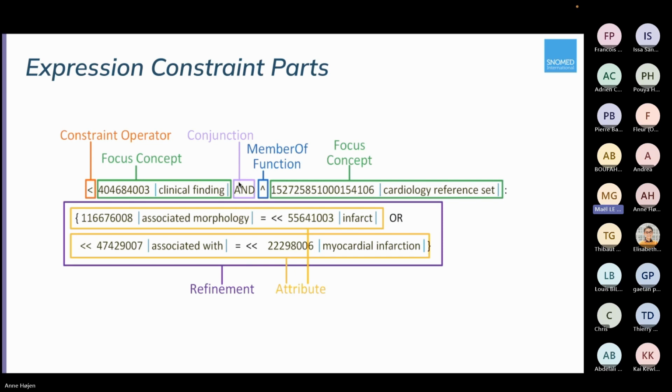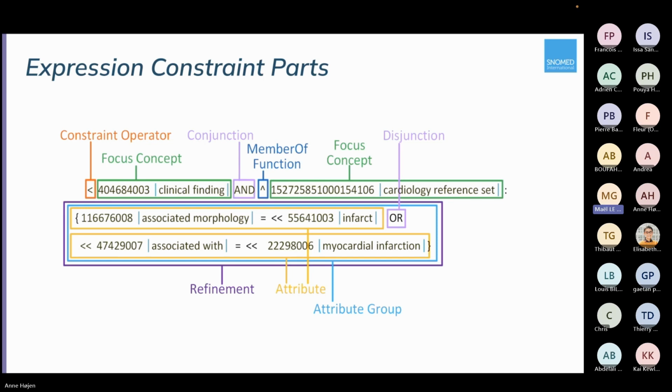It's easier with those very high-level expression constraints where you just want to say, give me all the subtypes or give me all the parents, give me all the children. But if you want to really utilize the defining properties, you need to have an understanding of the attributes. And also if you want to specify that they need to be part of a group. But this diagram really shows the range of features of the expression constraint language.